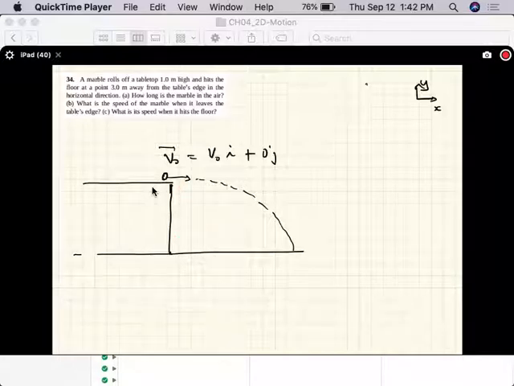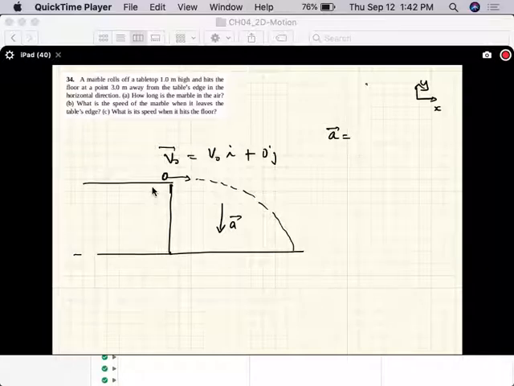Before you start problems like this, you want to write the initial velocity in vector form, and you also want to write your acceleration. This guy is moving only under the influence of gravity, so you want to write acceleration in vector form. Anybody want to help me out with that?